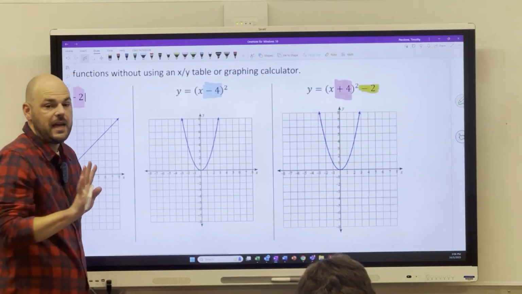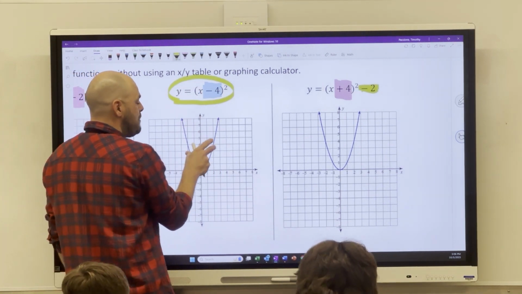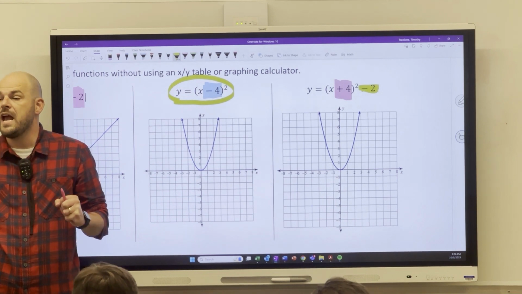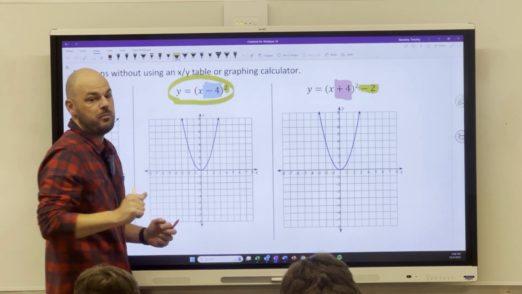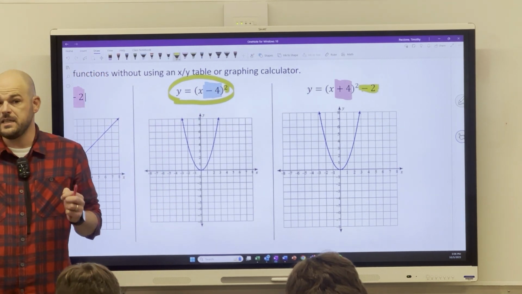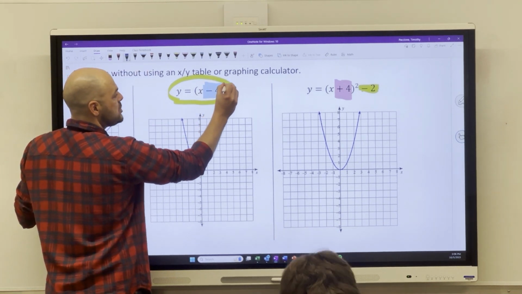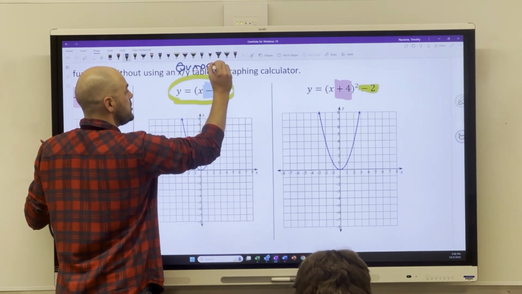I'm gonna eventually ask you to graph this, and I'm not giving you anything. I'm just gonna give you a blank graph, right? And this matters because it tells you the parent function. It tells you, oh, I'm dealing with x squared, right? So it doesn't not matter. You need to be able to see, oh, it's quadratic, so that's the parent function.